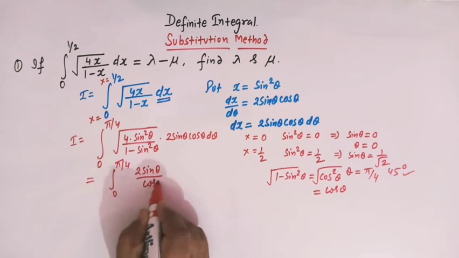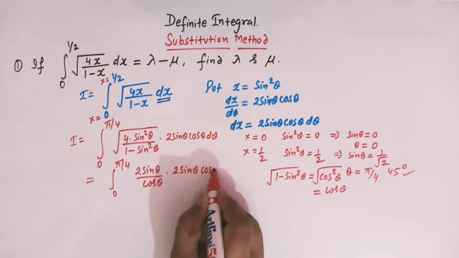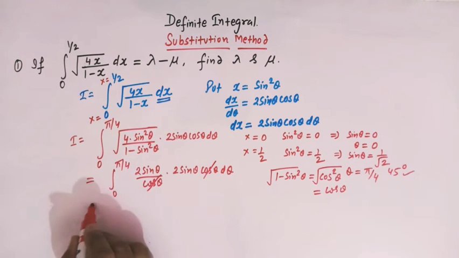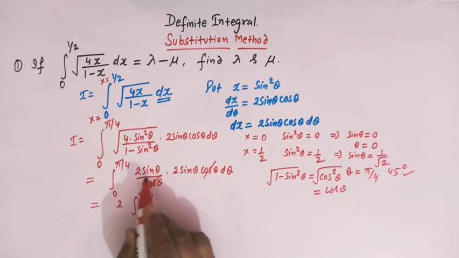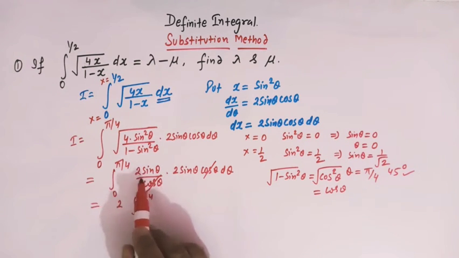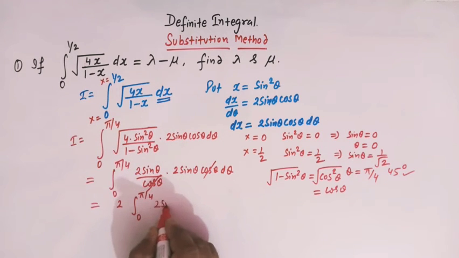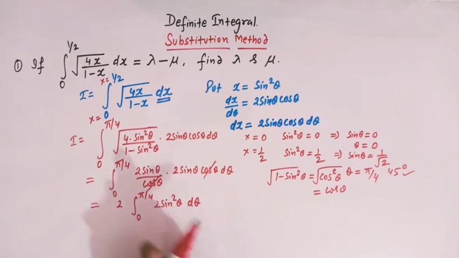So we have cos theta, and 2 sine theta cos theta d theta. The cos theta and cos theta cancel, and now we have 2 times the integral from 0 to pi by 4, and the other 2 we retain inside the integral, so we have 2 sine square theta d theta.